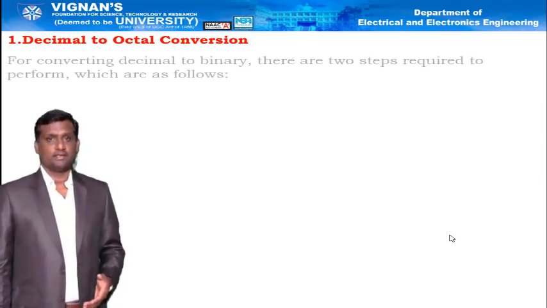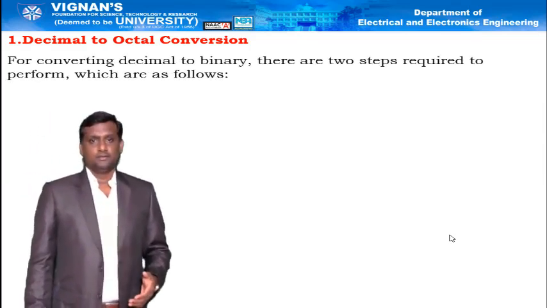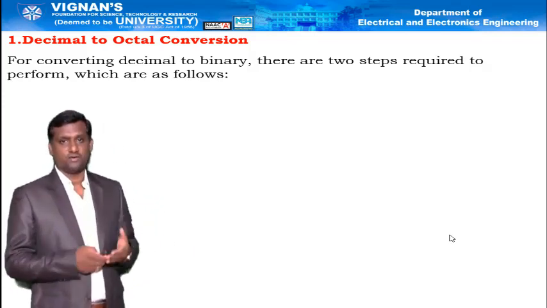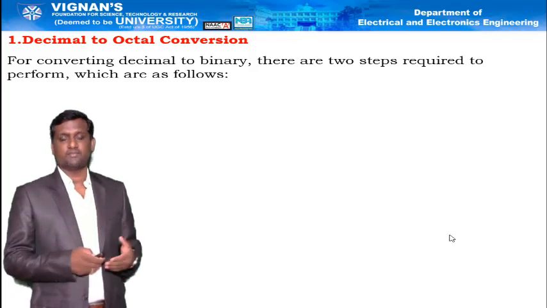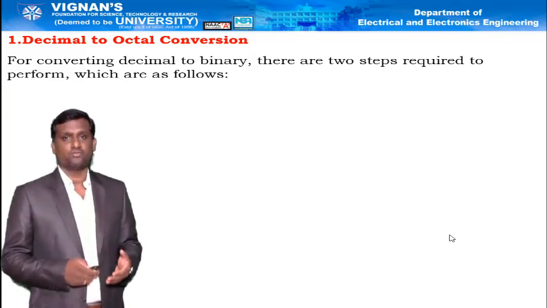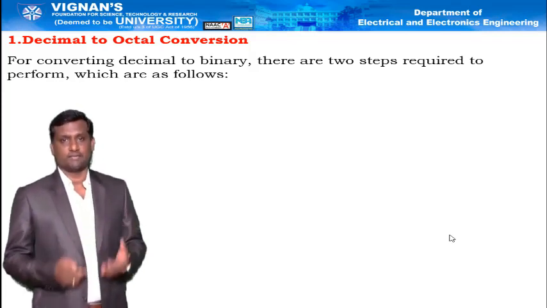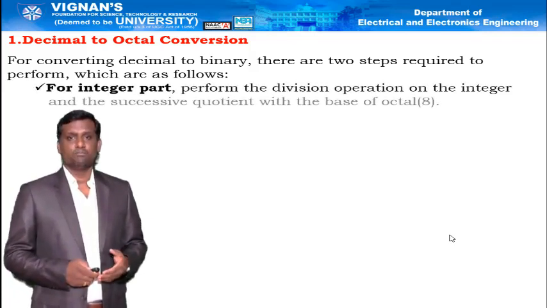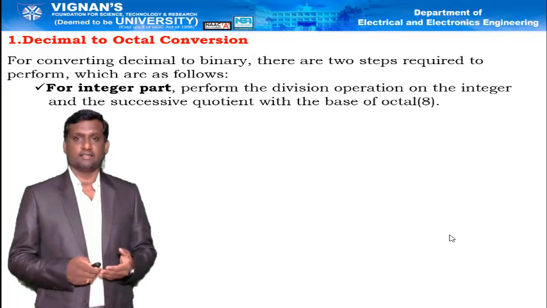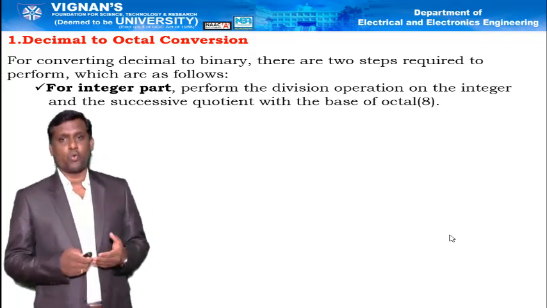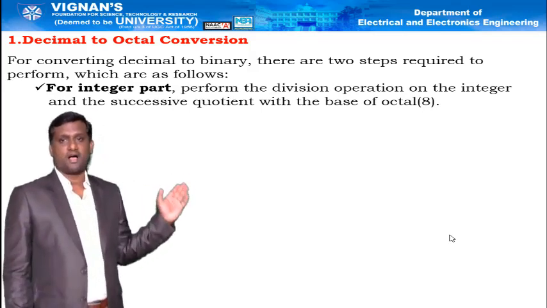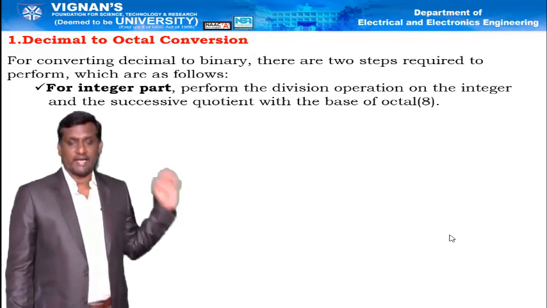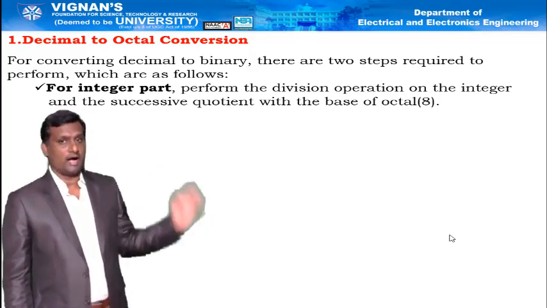The similar procedure we followed in the decimal to binary, we have to follow for the decimal to octal number system. So that is, for the integer part, perform the division operation on the integer and successive quotient with the base 8, because here we are converting decimal to octal.